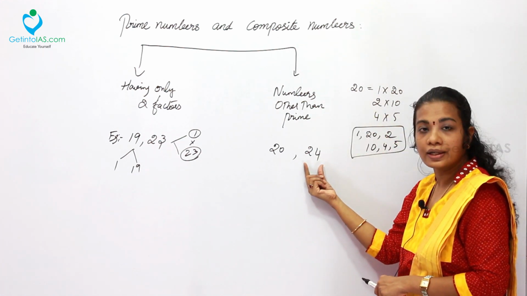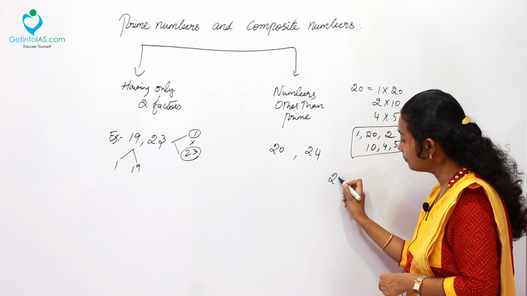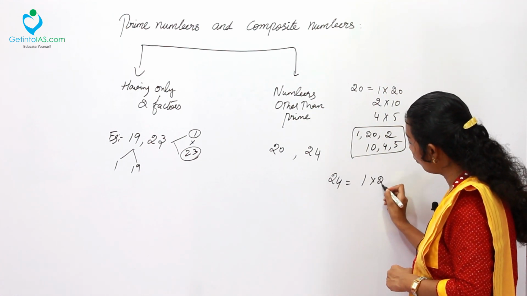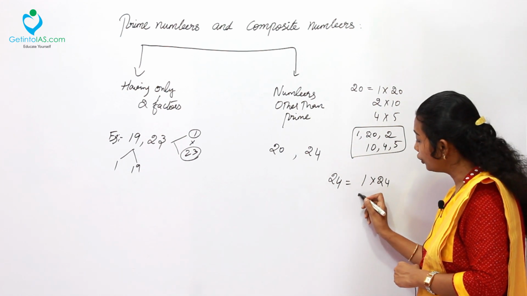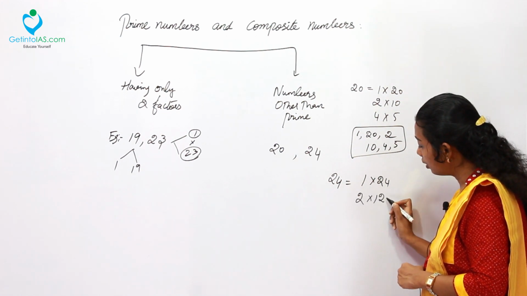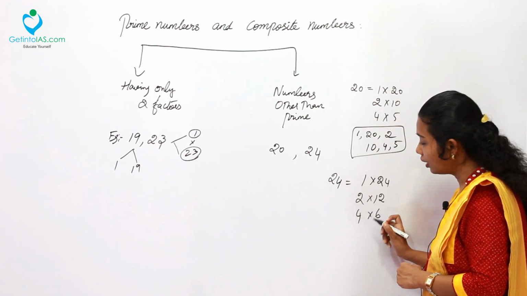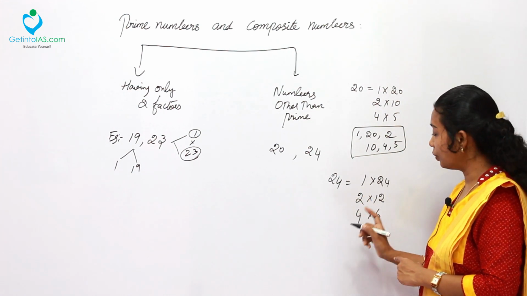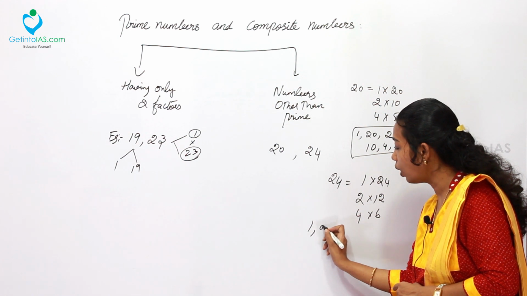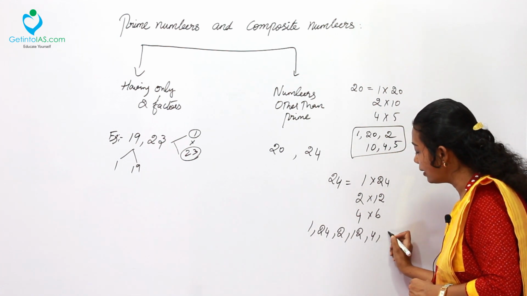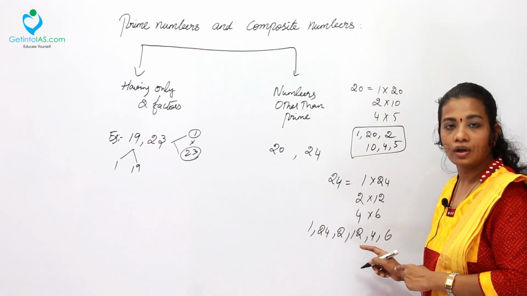Let's take another example, that is 24. Let's take the factors of 24. 1 into 24, which is 24. 2 into 12, which is also 24. 4 into 6, which is also 24. What are the factors here? 1, 24, 2, 12, 4 and 6. So 6 factors we are having.